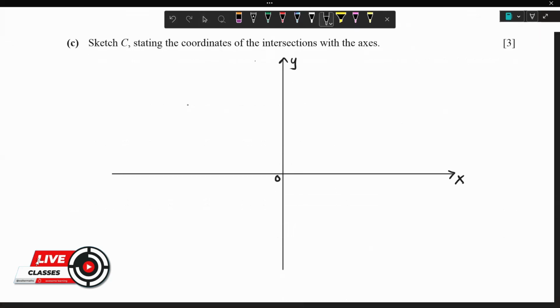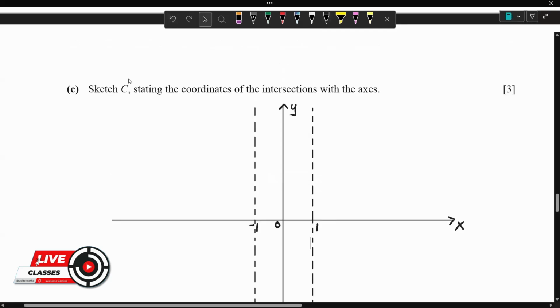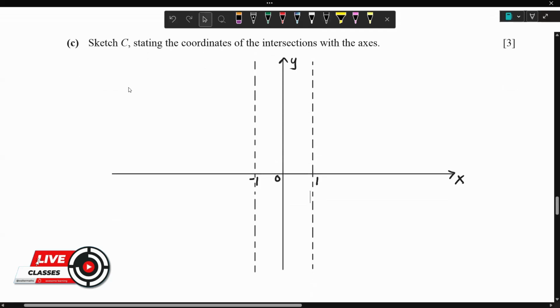So let's have those. That's minus 1, and this is 1. All right. And then the x-axis is an asymptote, so we're good.